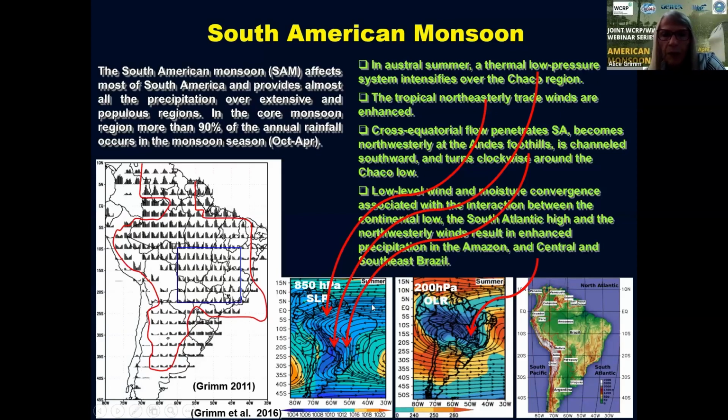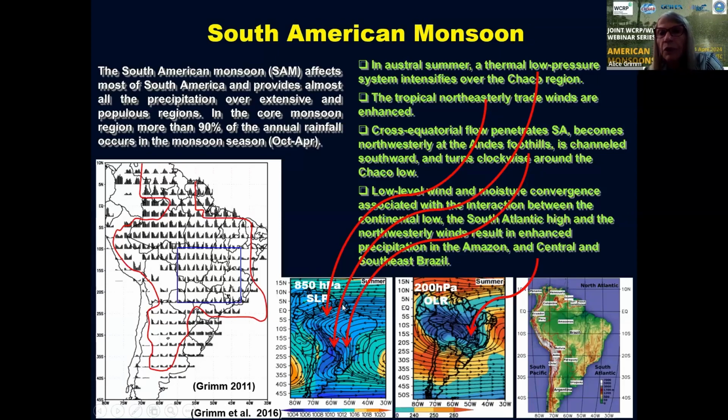Here we have a figure of the circulation during summer at low levels. In austral summer, we have a thermal low pressure system over the Chaco region, and then the tropical northeasterly trade winds are enhanced, entering the continent.